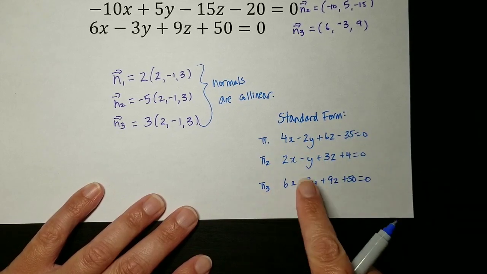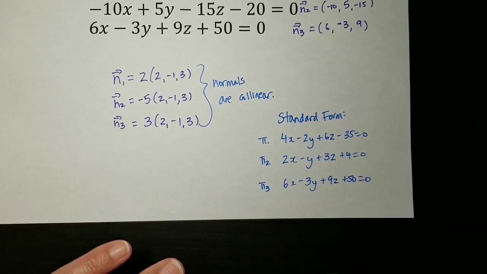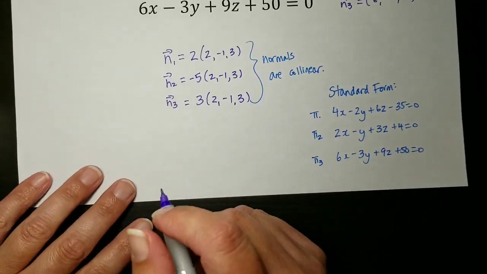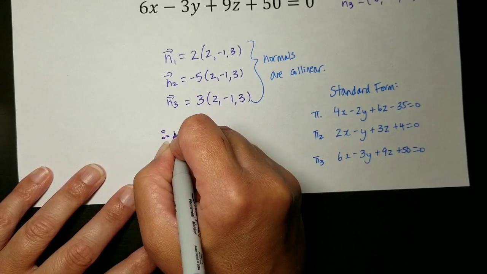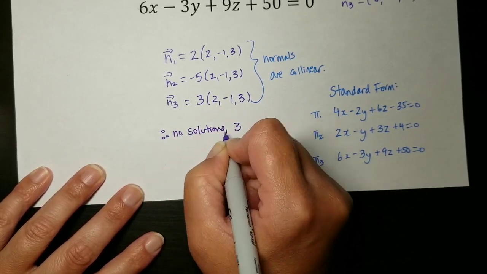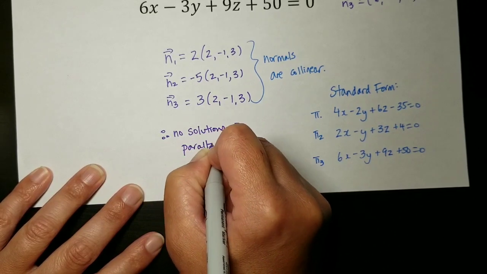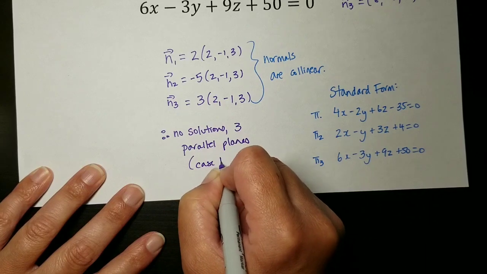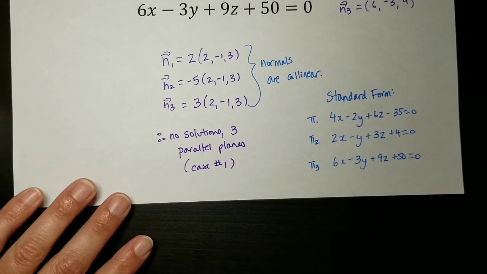Rewrite in standard form if you need to, and then we can say no solutions. These are all parallel planes. And that is case number 1 from our diagrams.